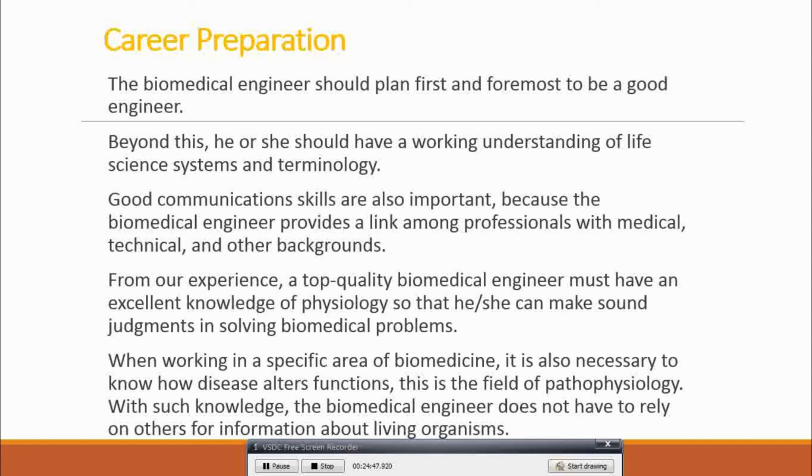Beyond this, you need to have a very sound understanding, and you have to work on the life science system, and also the terminologies that we use. So I always told my student that you need to sit down and learn so many of the medical terminologies that you will not be afraid once you join the biomedical engineering field.